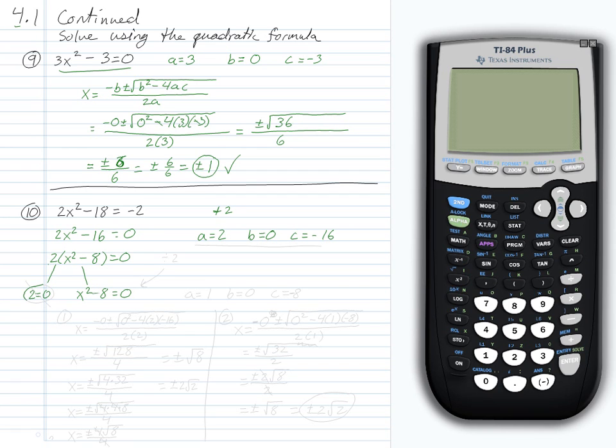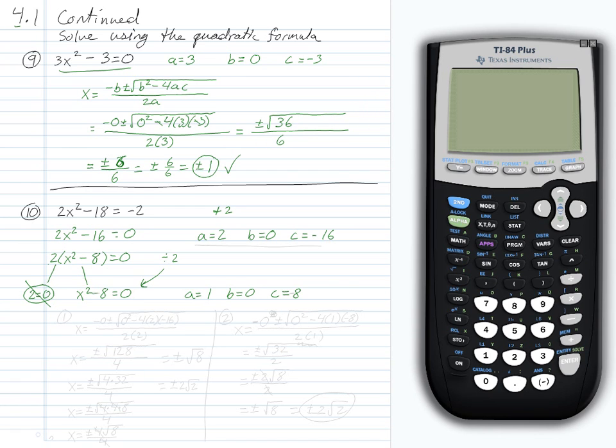Well, I think we'll all agree that 2 equals 0 is not going to be a viable path to travel down, since 2 does not equal 0. Another way to think of this is if I divide my equation by 2, I end up with the resulting equation x squared minus 8 equals 0. So in reality, I could use a equals 1, b equals 0, and c equals negative 8.